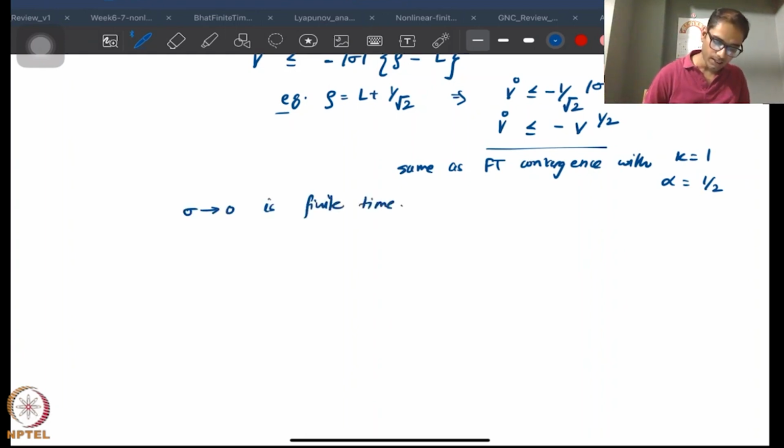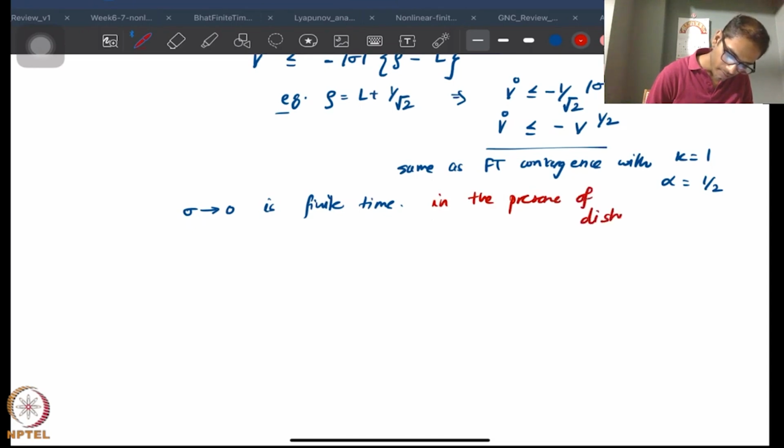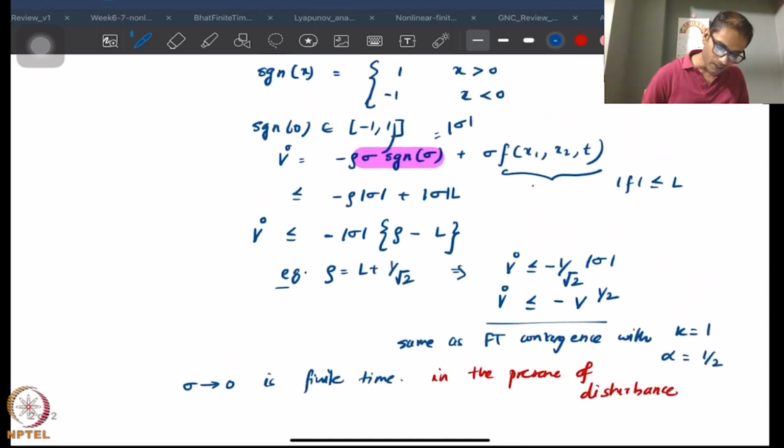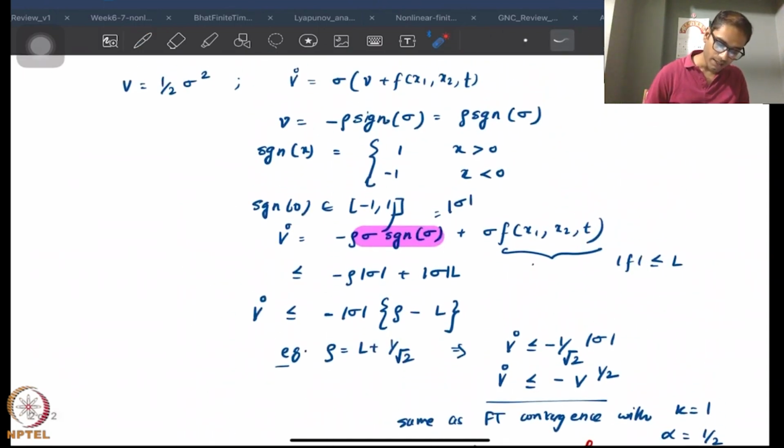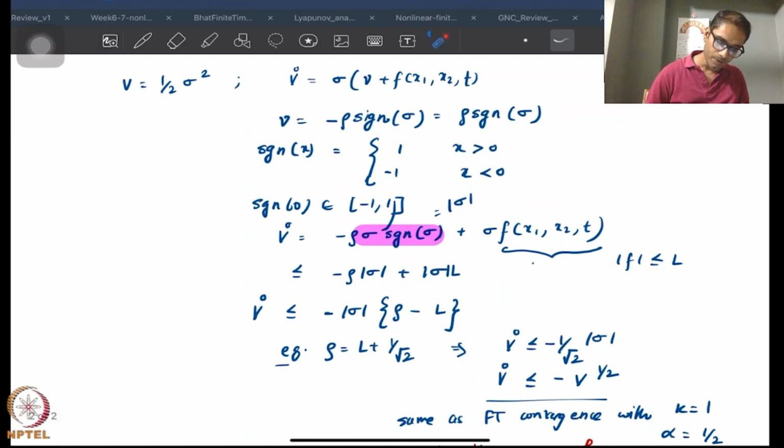And the cool thing is, this happens in the presence of disturbance. So you have actually rejected the disturbance. Why do I say it happens in the presence of disturbance? Because we did not neglect the disturbance in the analysis.